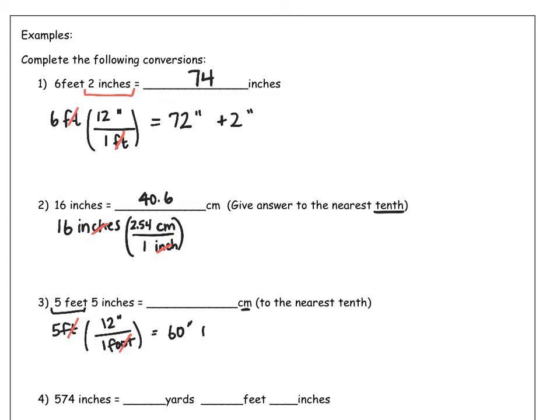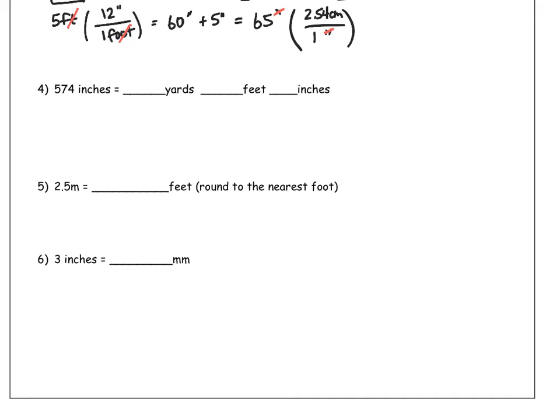So 60 inches plus those 5 inches gives me 65 inches. And now I can take my 65 inches and convert that into centimeters. So I know that 1 inch has 2.54 centimeters. So my inches cancel away, and to the nearest tenth, I end up with 165.1 centimeters.